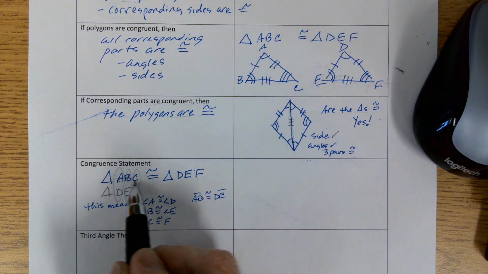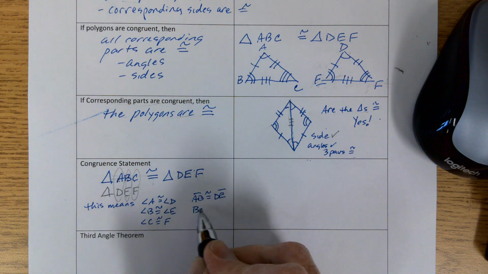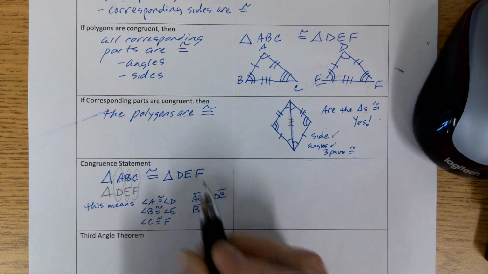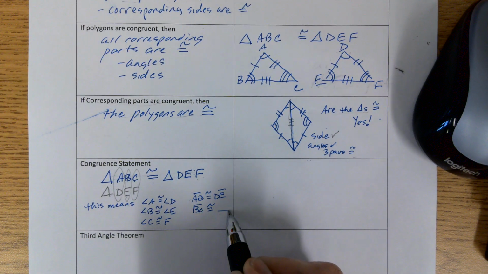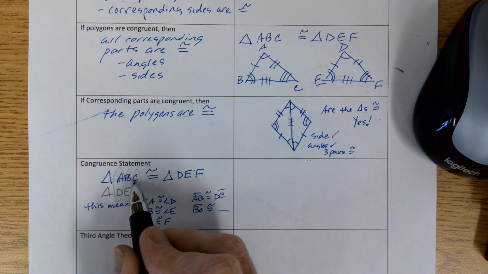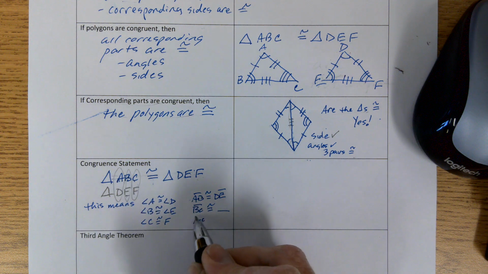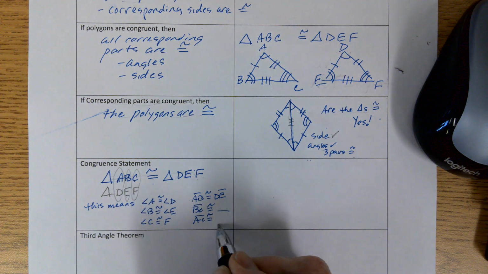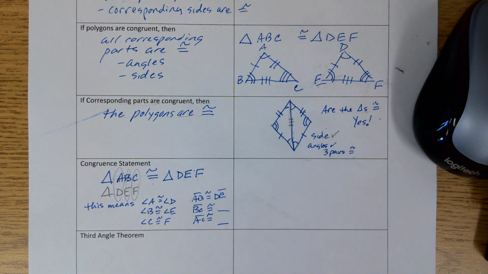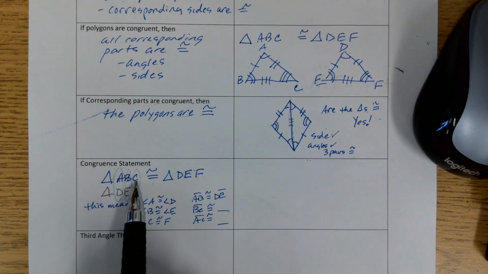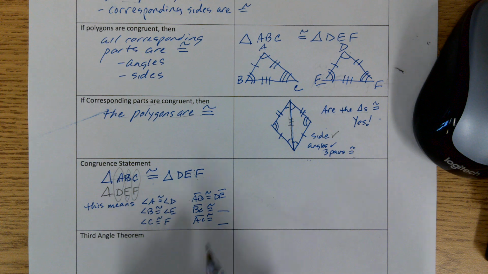It means side BC is congruent to, you guys fill it in, and side AC is congruent to, you guys fill it in. BC is the last two letters, so you should be writing EF.